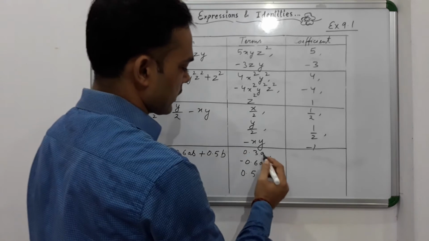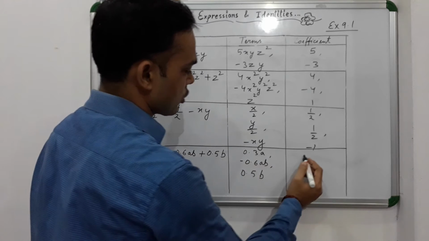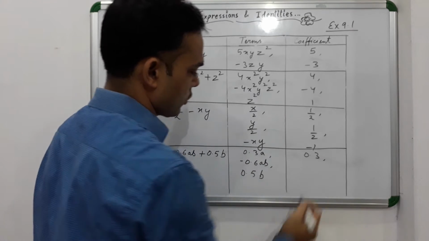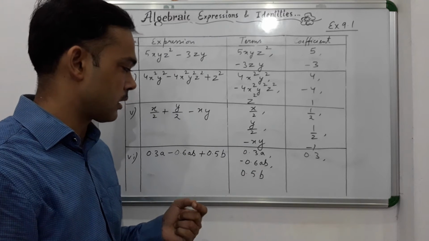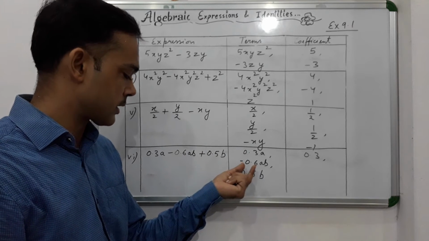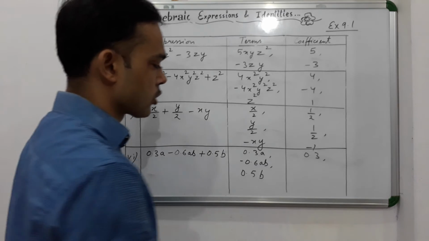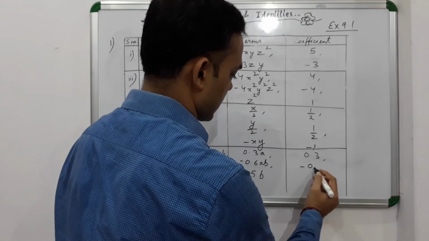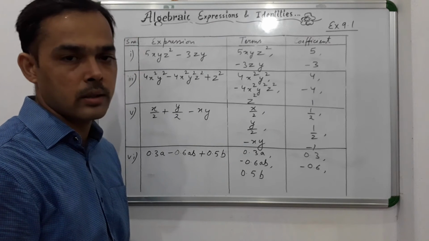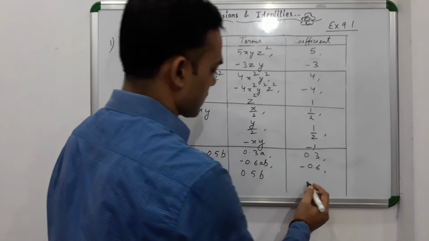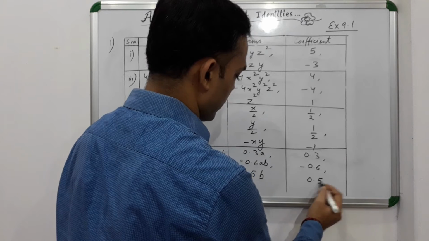So 0.3a, a is variable, constant is 0.3, so you'll mention 0.3 over here. Over here, a and b are the variables, so the constant is minus 0.6. And in the third term, b is the variable and the constant is 0.5.